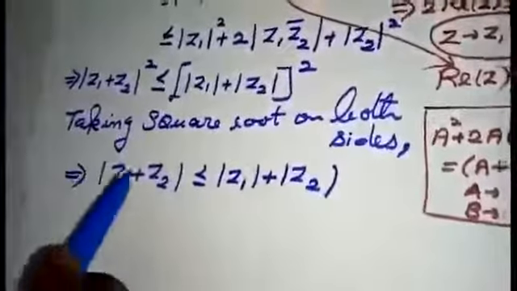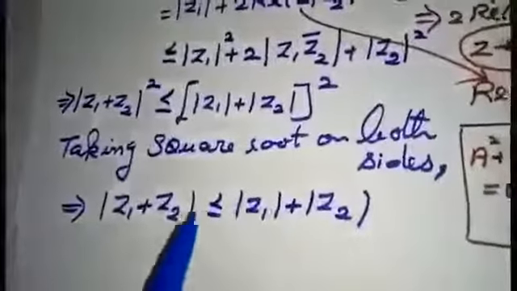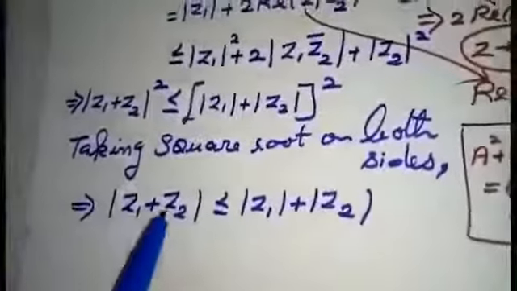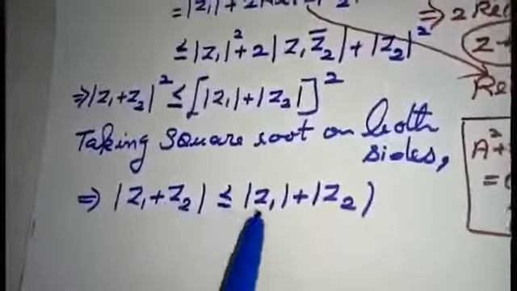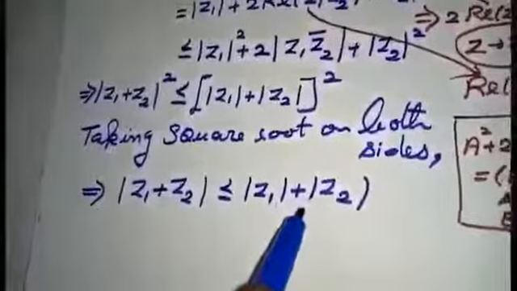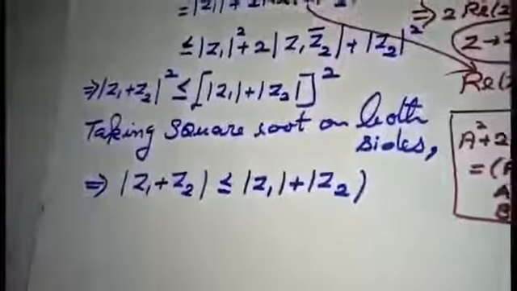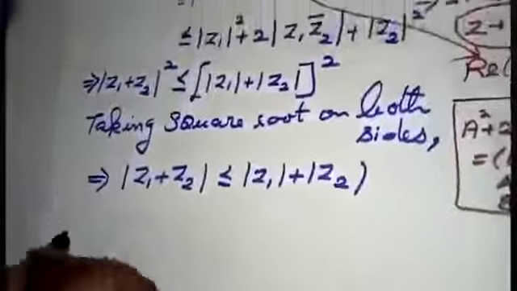Just observe the property, that is, this is the required triangle inequality property. In general, we have proved only for 2 complex numbers. Hence, we can prove for n complex numbers.